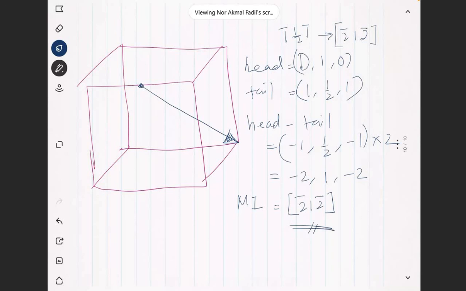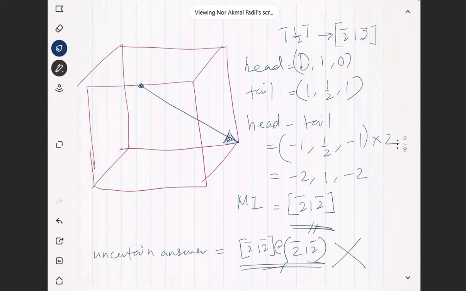Do not give a wrong answer or uncertain answer. A wrong answer is 2 bar, 1, 2 bar in a round bracket. And an uncertain answer is 2 bar, 1, 2 bar written like this. This is uncertain, so the answer is wrong.